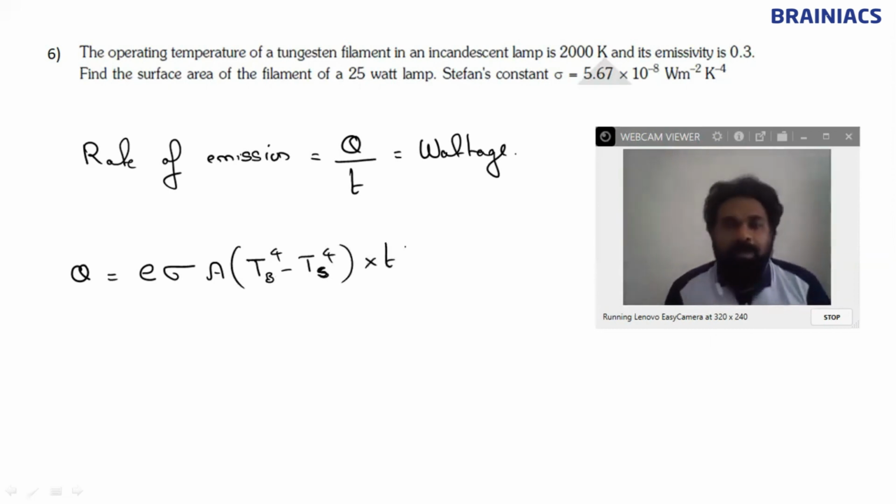This is the total radiation, that is the net radiation.